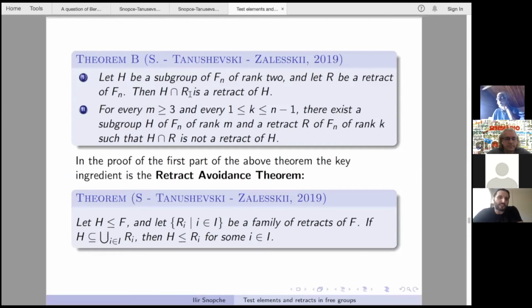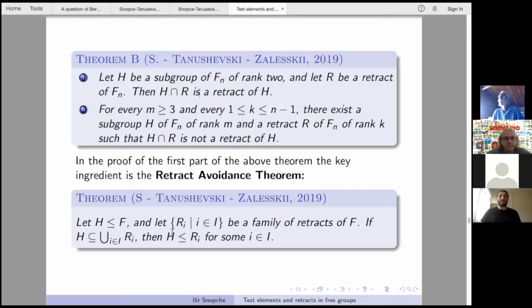Either H intersection R does not contain a test element of H, or it contains a test element of H. So if H intersection R does not contain a test element of H, then using Turner's theorem, it is contained in the union of all proper retracts of H. So in particular, by this retract avoidance theorem, it is contained in one single retract. And from there, we derive that it must be equal to this retract.